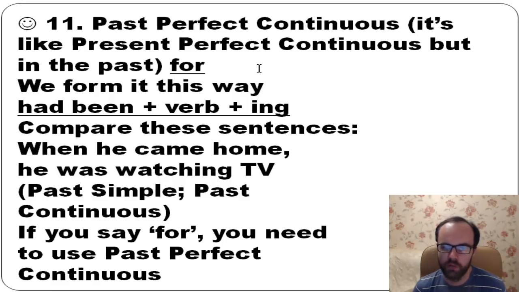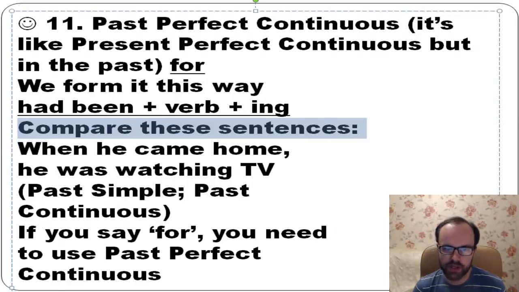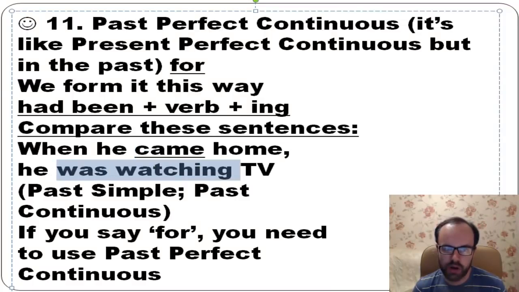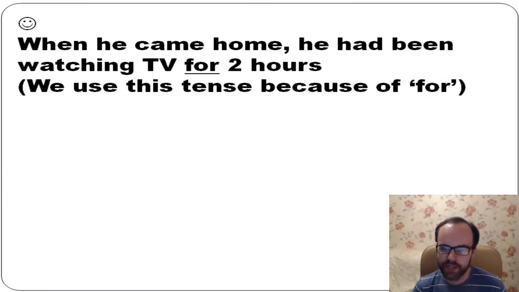We form it this way: had been plus verb plus ing. Please compare the sentences. When he came home, he was watching TV. It's past simple, came, and past continuous, was watching. If you say for, you need to use past perfect continuous. So when he came home, he'd been watching TV for 2 hours.